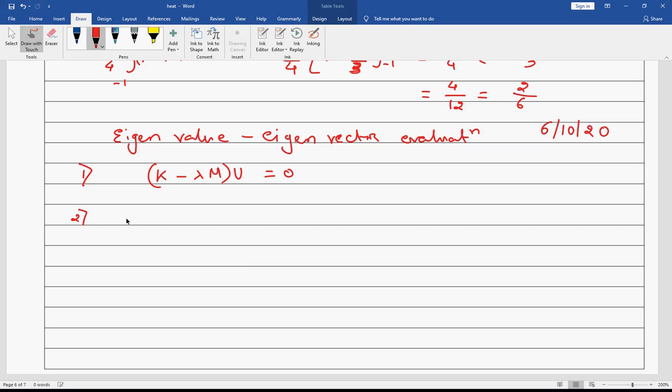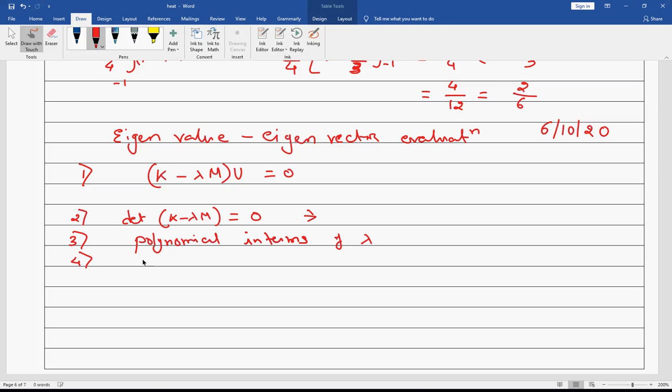The second step, everybody is supposed to write this. For the eigenvalue eigenvector problem, as we have studied in mathematics, the determinant of K minus lambda M is equal to 0. From this you will get a polynomial in terms of lambda.